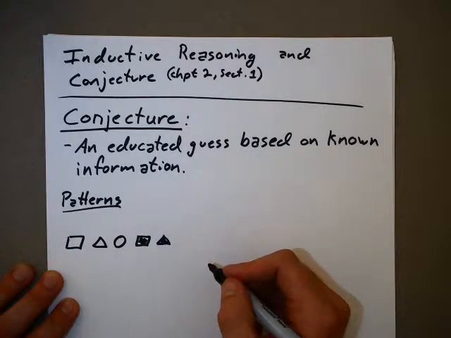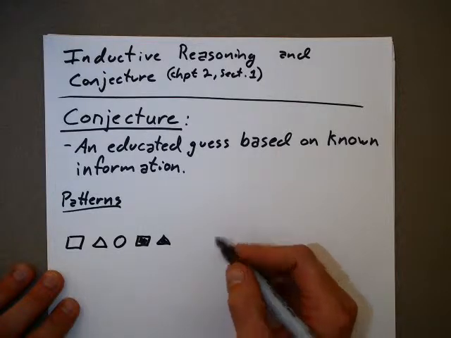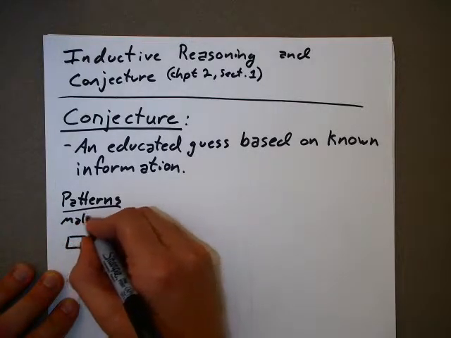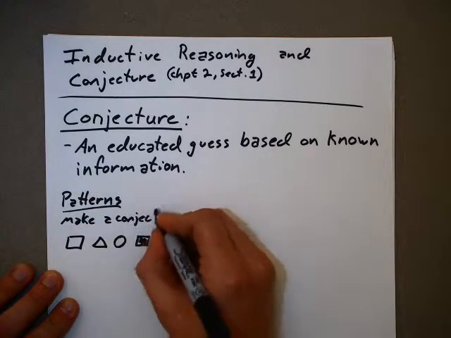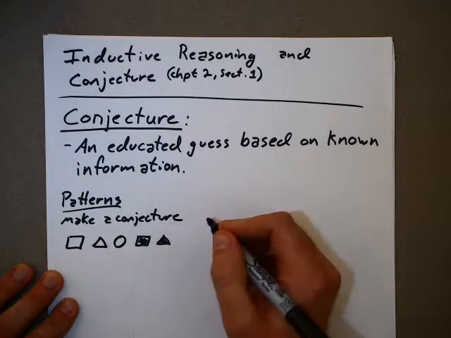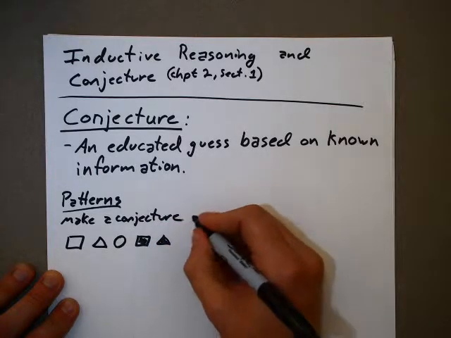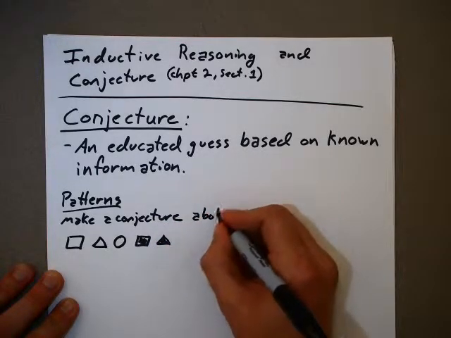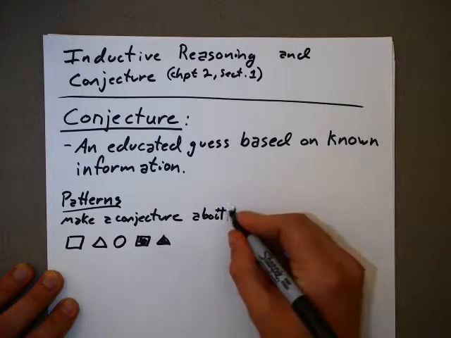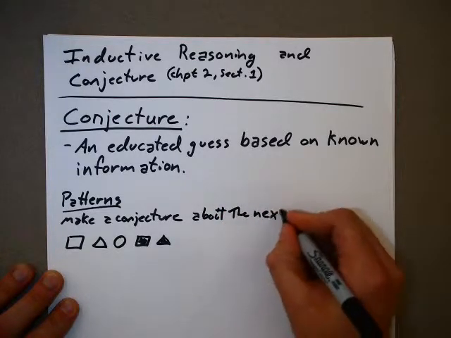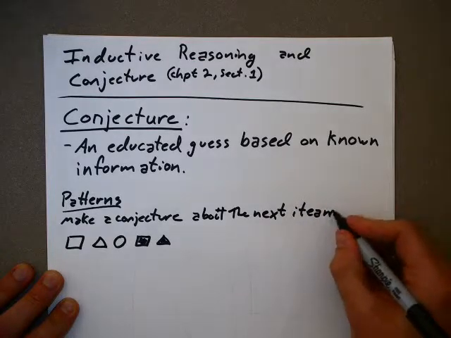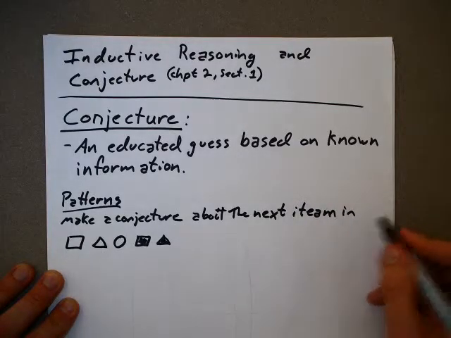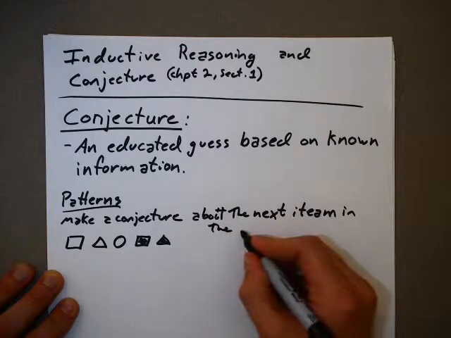And they would say something like, make a conjecture about the next item in the series.